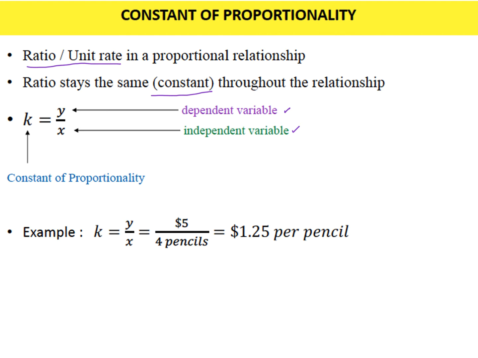And going back to the example that we first started with, if you have k equals y over x equals $5 over 4 pencils, you get a constant of proportionality of 1.25, and that 1.25 means $1.25 per pencil. In the next video, we will look at how to identify the constant of proportionality when we are given a graph.